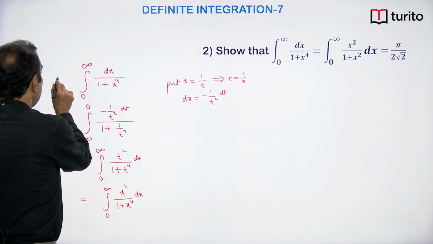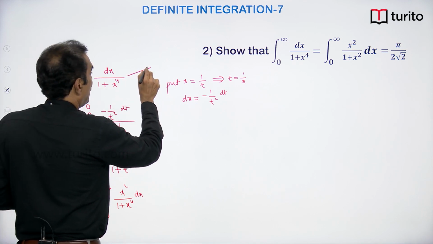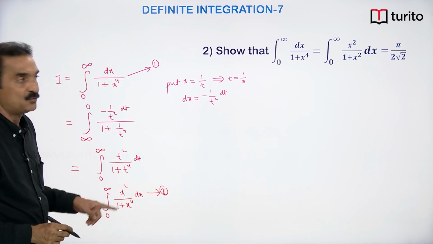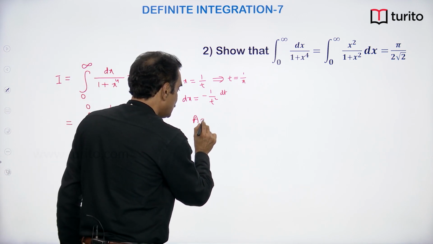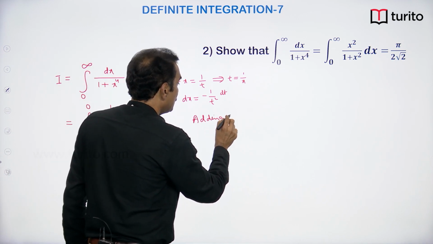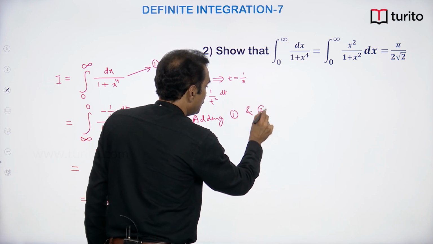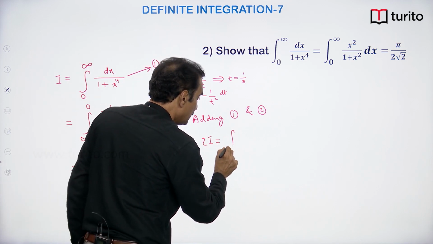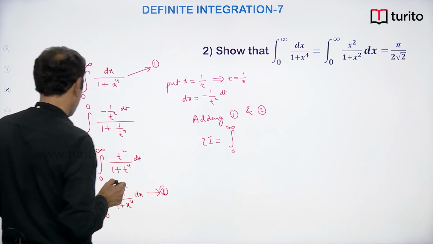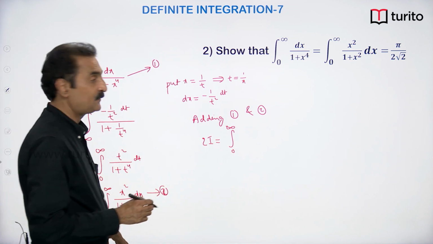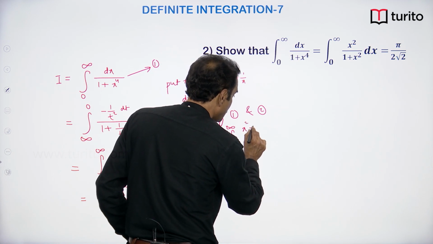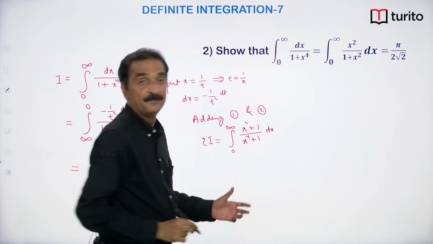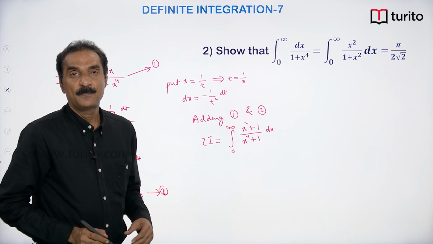Now, let this be I1 and this I2, adding 1 and 2. I1 plus I2 is equal to integral 0 to infinity (x square plus 1) by (x power 4 plus 1). How to integrate it now?